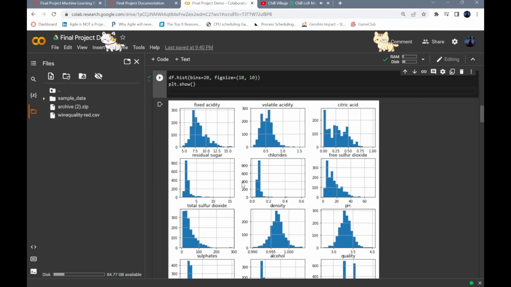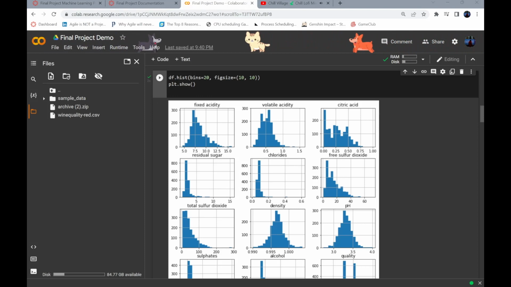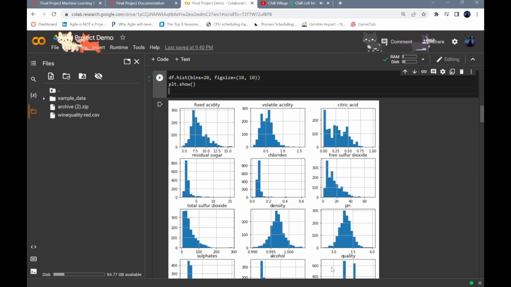That's actually called EDA, or exploratory data analysis. Distribution of the data, yes. This is the histogram. We're using EDA to visualize the distribution of the data.